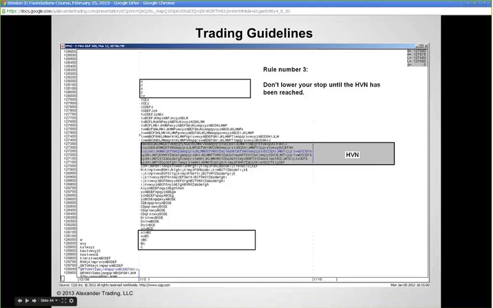Now, you may think you're late if you didn't enter near the high volume node, but the reality is, if it's a mature profile, the market condition is what you're trading, and the market condition is what will bail you out, quote unquote, bail you out. I don't think there's anything necessarily impulsive or wrong, and I do that.